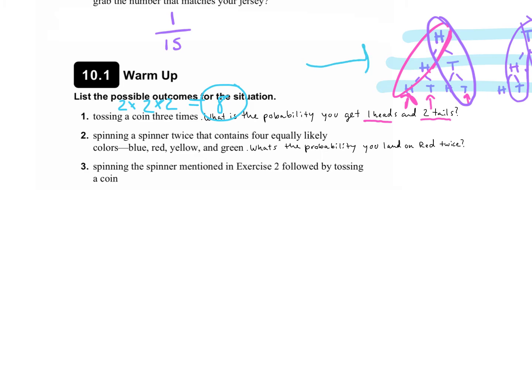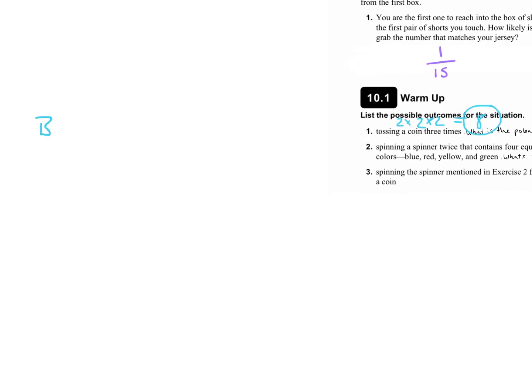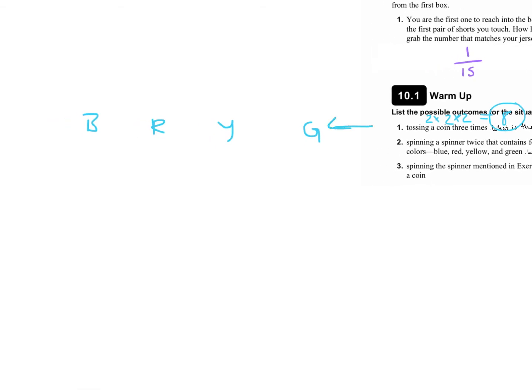So number 2, spinning a spinner twice that contains 4 equally likely colors: blue, red, yellow, green. What's the probability that you land on red twice? So we can draw our tree. So we have blue, red, yellow, green. This is just 1 spin because each row counts as 1 spin.